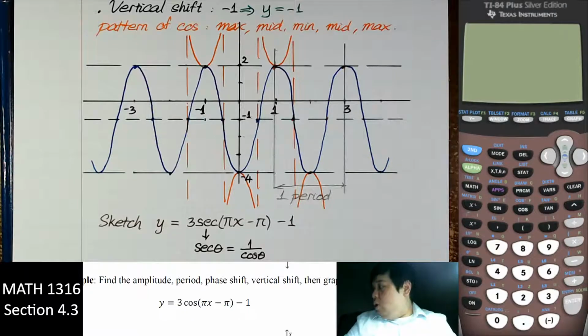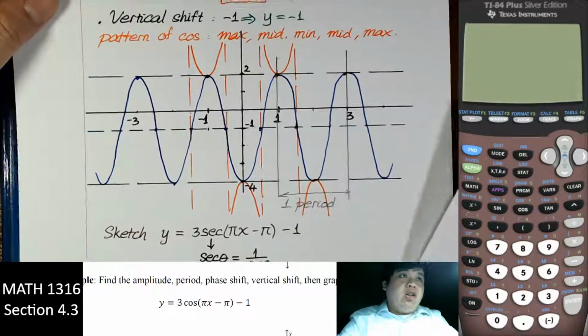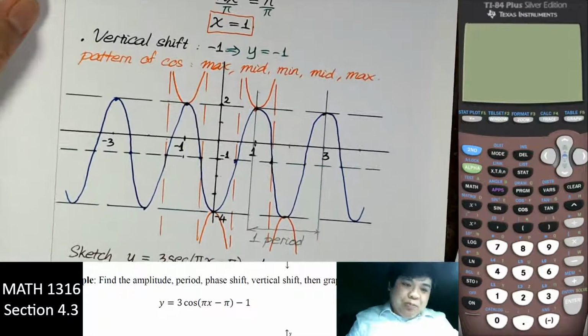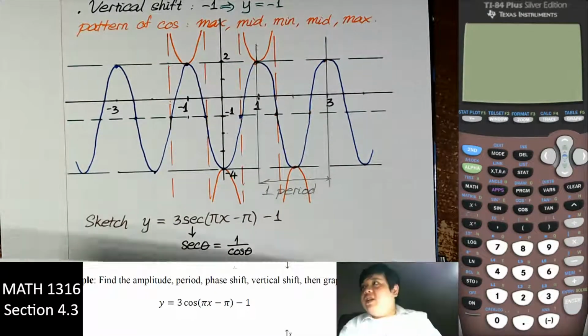So that's how we go from a graph of sine or cosine to a reciprocal function. So I just wanted to bring that up. Now with that we go to the next chapter.